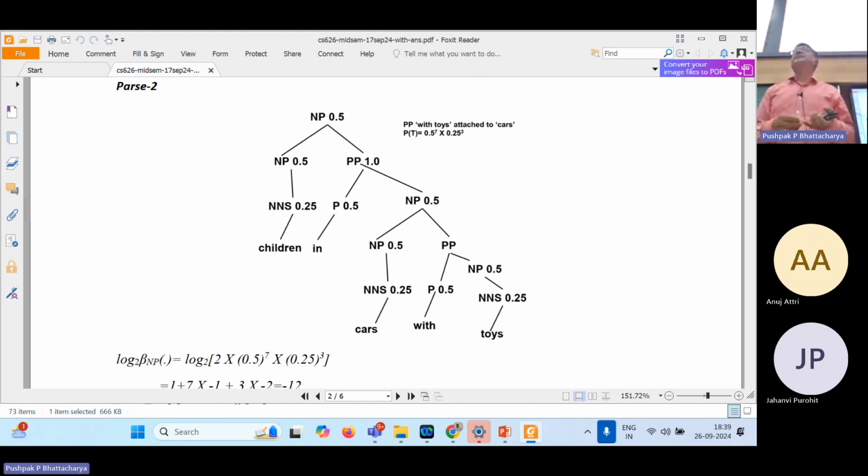What about the tree for little children laughed loudly? This will be a full binary tree. Little children is the NP, which has 2 children. And laughed loudly also has 2 children, verb and adverb. So worst case complexity we are talking about. That is why 2 to the power d.